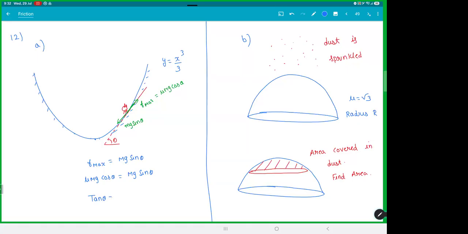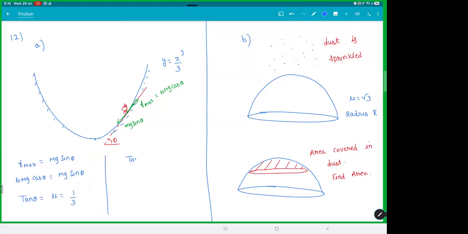We get tan theta is equal to mu, which is 1 by 3. But we also know from calculus, tan theta is nothing but dy by dx. Slope, right? So dy by dx is 1 by 3, and this guy would be x square.